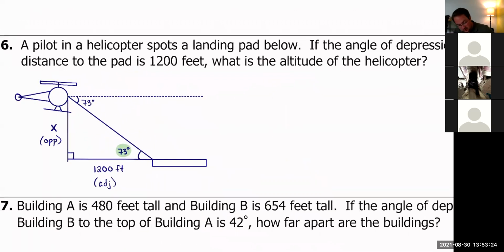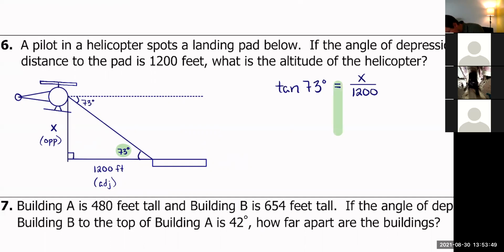Which means I'm going to use which trig function? Tangent. So I'm going to say tangent of my angle, which is 73 degrees, equals its ratio opposite over adjacent. So x over 1,200. And then I'm going to get that x by itself.